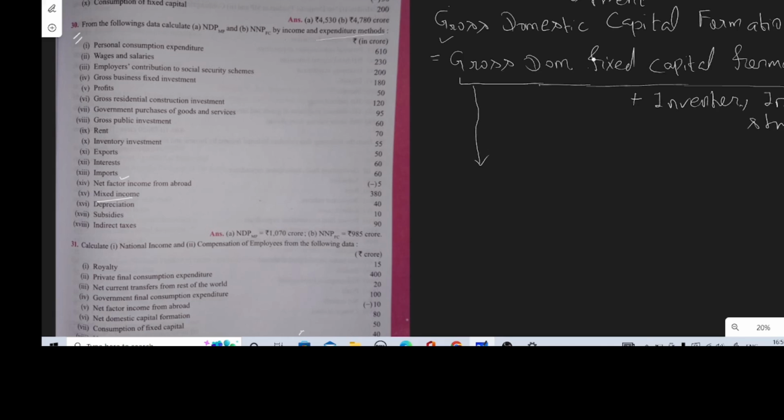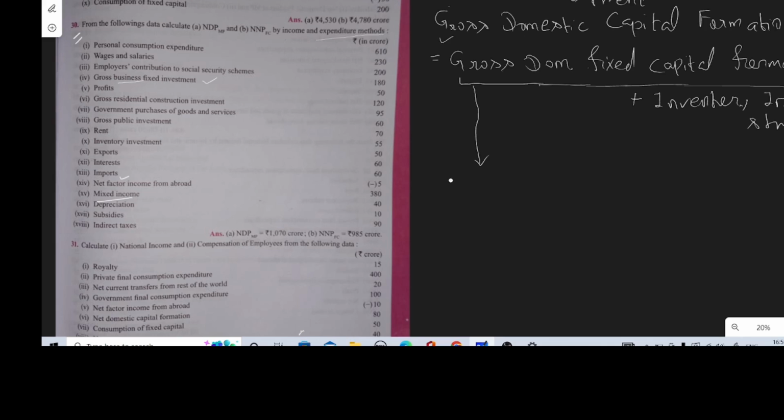What these three are: fixed capital investment is done by the firms, by the households, and by the government. What firms do? Firms invest on fixed investment, and that is called gross business fixed investment. Business means by the firms.